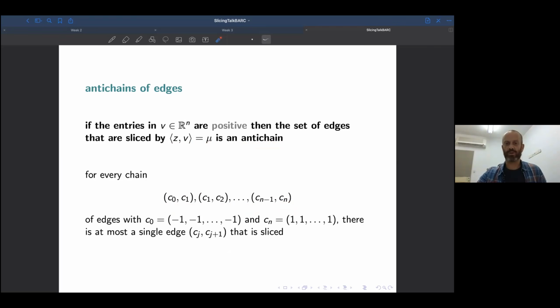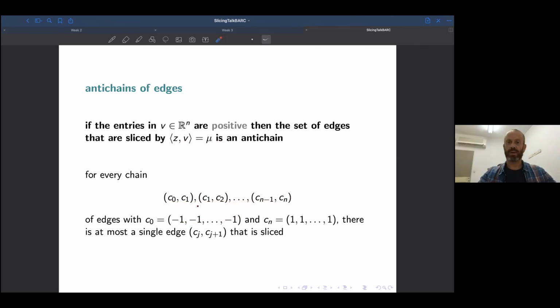Why is the number of edges that is sliced at most 1? Well, we start at the all -1 vertex. When we go to C1, the inner product with V just goes up. And when we go from C1 to C2, the inner product with V goes up. It goes up, up, up, up, so there is at most a single point where we cross the threshold mu.